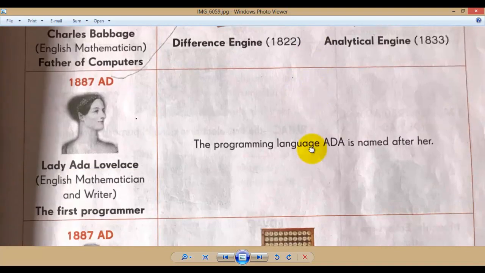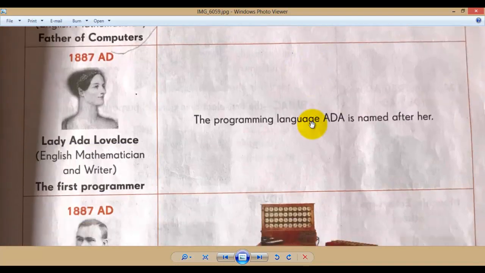Next after this, Lady Ada Lovelace, also an English mathematician and writer. She was the first programmer. The programming language Ada is named after her. So, what is a programming language?